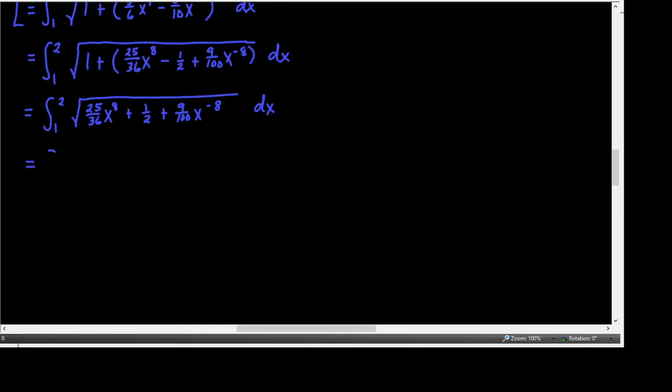If you'll recall from college algebra, you'll know a trinomial square is there when the first term is a perfect square, which it is, the last term is a perfect square, and it is, and if the square root of the first thing, and I always write it down just in case it's going to work, 5/6 x to the 4th, times 2 times the square root of the second term equals the middle term.